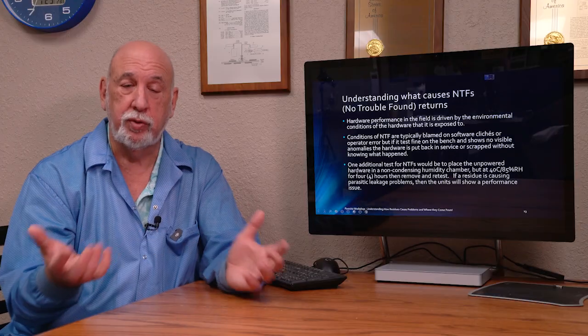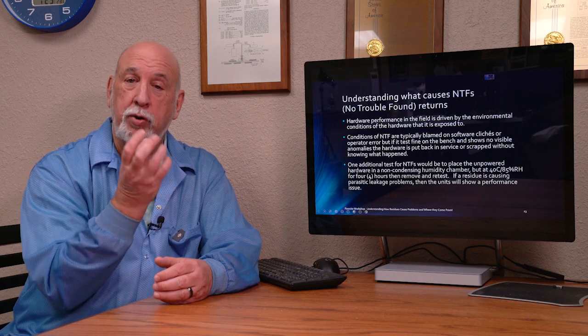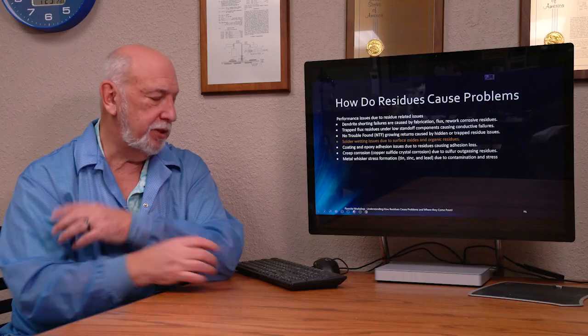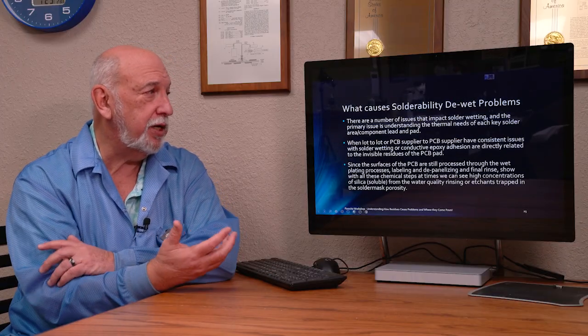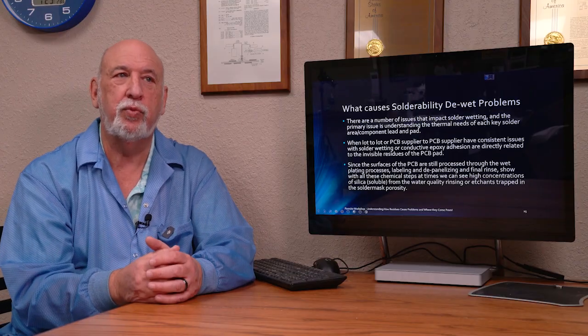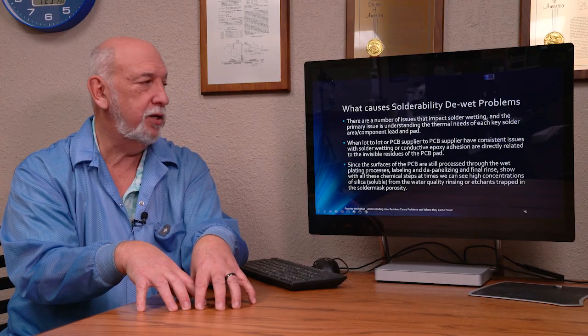If I have BGAs that go through a water-soluble paste flux to attach the balls and it's not rinsed properly prior to the assembly no-clean step, then I can have parasitic pathways ball to ball on the component side. So no trouble founds are a constant reminder that we need to understand the effects of what chemistry goes together into our final product.